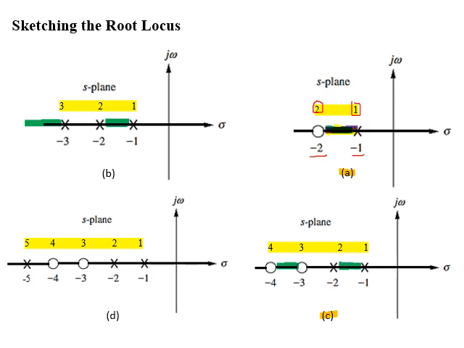Now according to rule 3, root locus will exist to the left of pole at -1 and to the left of zero at -3, or we can say that to the right of pole at location -2 or to the right of zero at location -4. So in this case we will have 2 branches of root locus, and in between the pole at -2 and zero at -3 no root locus will exist.